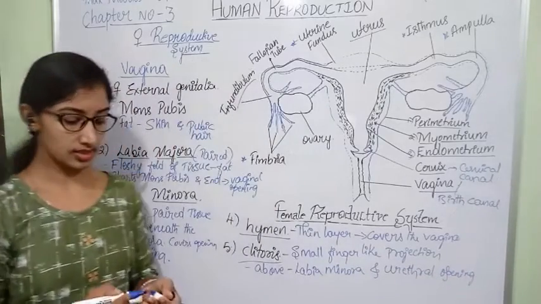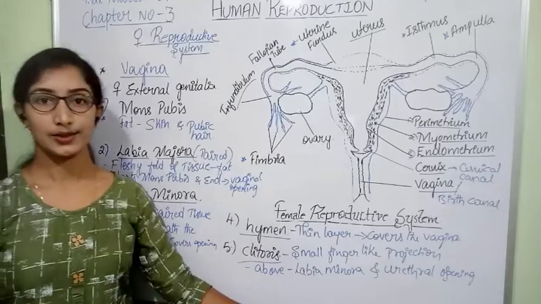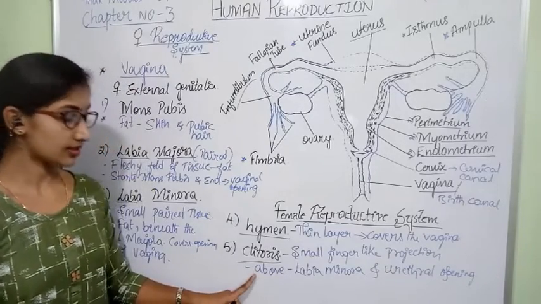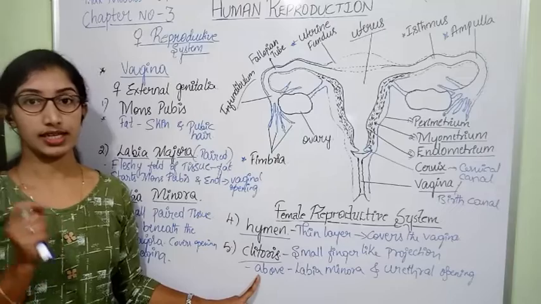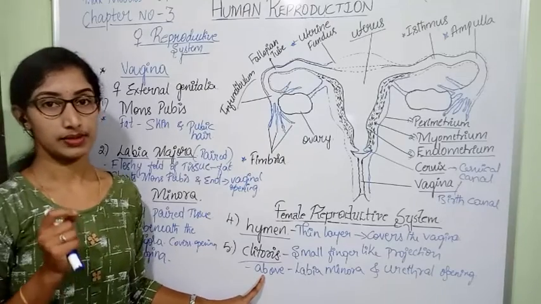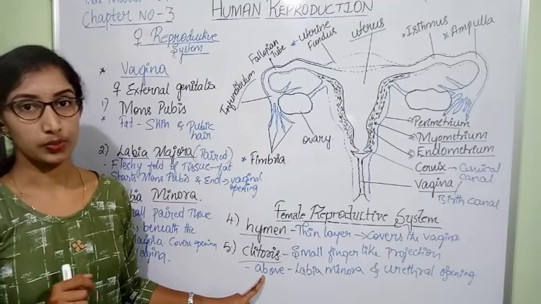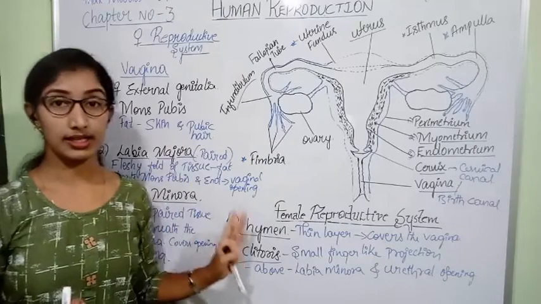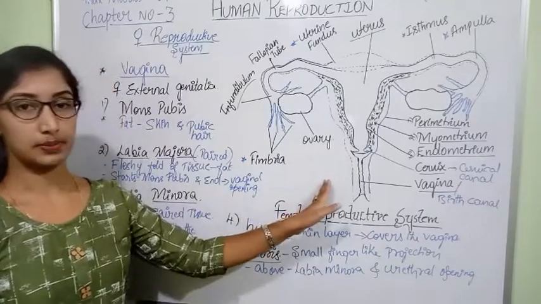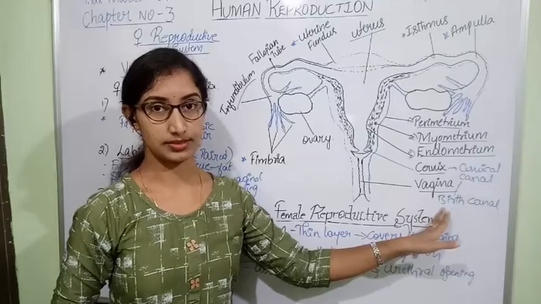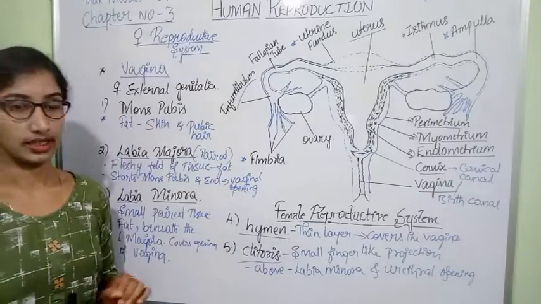It is present just above the labia minora and urethral opening. It's nothing but a small finger-like projection present above the urethral opening. So this completes the last part of the female reproductive system, that is the vagina.